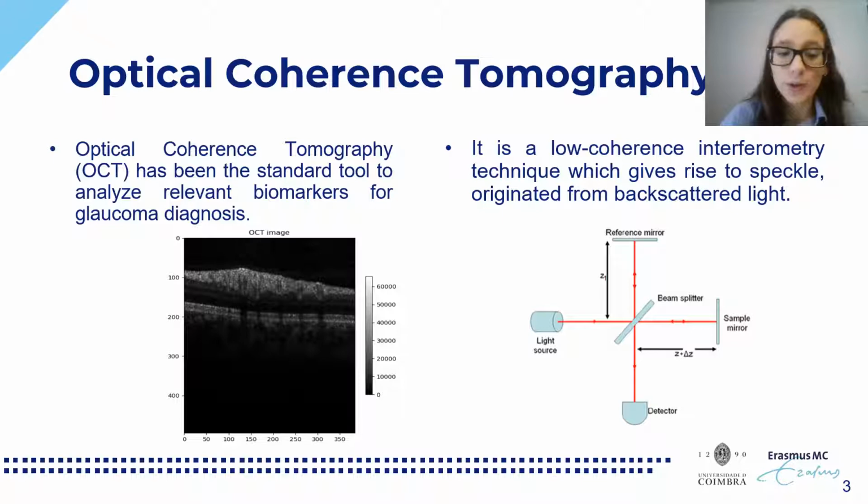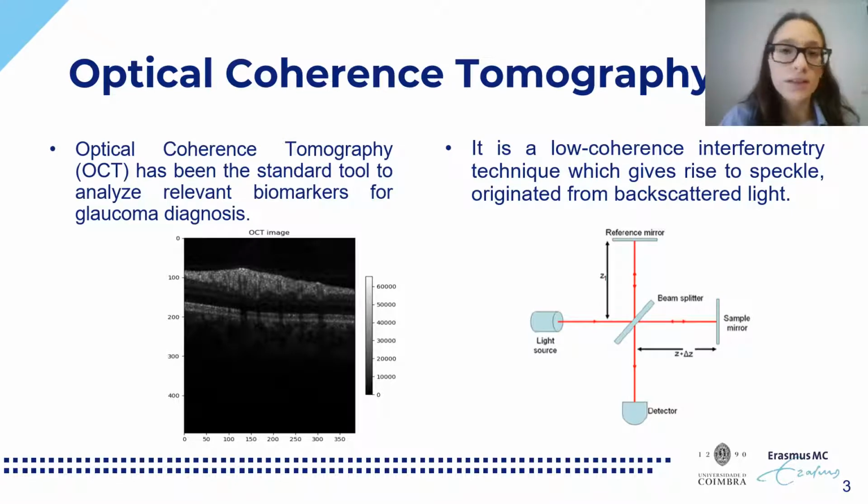So optical coherence tomography images have been the standard tool to analyze and identify relevant biomarkers for glaucoma, such as the retinal nerve fiber layer that I just mentioned. OCT is a low-coherence interferometry technique, and basically what happens during an OCT image acquisition is that an optical beam is directed at the retina or other tissue, and most of the light is scattered rather than directly reflected.